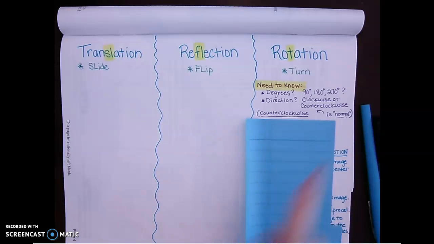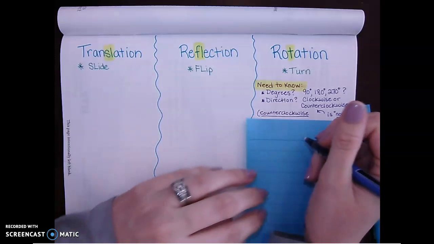And so since our workbook was not specifying which direction we were supposed to be turning, we were supposed to be turning counterclockwise. I know this seems kind of weird, you would think going the same direction of a clock is normal, but in math, the way you can remember this is to think about the quadrants that you make up when you are graphing something in the coordinate plane.